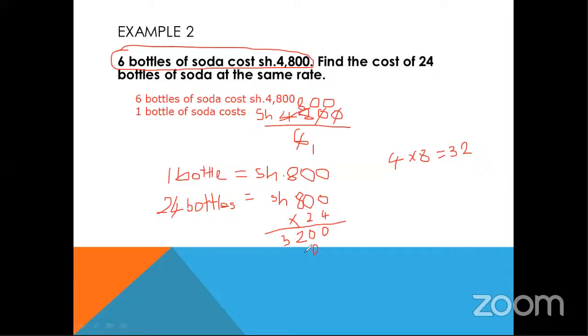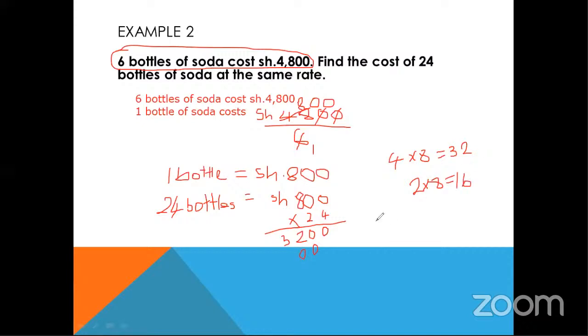Then again we have 2 times 0 also is 0. Now we are going to 2 times 8. Samuel, what is 2 times 8? It is 16. Very good.